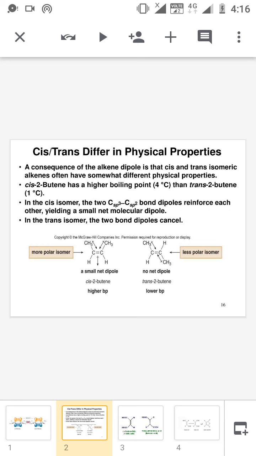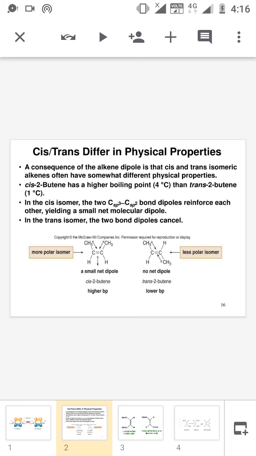What do you mean by dipole? Dipole means, in the case of some substituents, for example methyl, ethyl, these are electron donating groups. This electron donating group donates its electron to the carbon in the double bond.